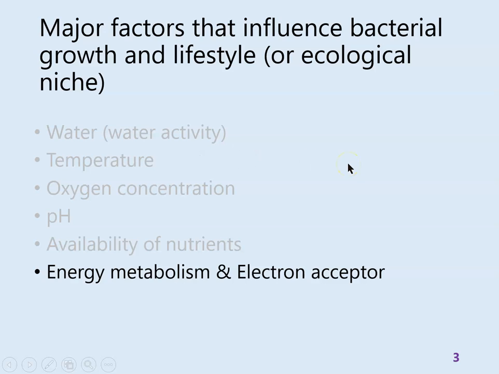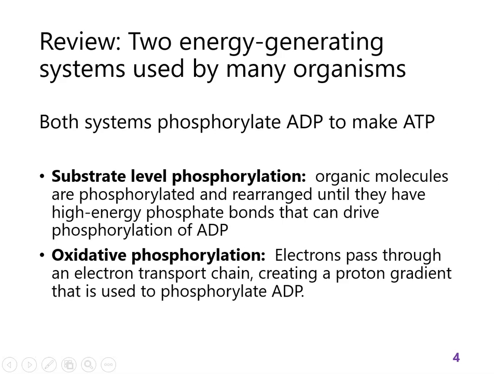So this is the list of topics from lecture 3. We've gone through water, temperature, oxygen, pH, nutrients, and now we're at energy metabolism and electron acceptor. So there are two broad ways bacteria can generate energy. One is substrate level phosphorylation, and that's where they rearrange molecules with phosphate groups on them until they have a high energy bond, that's what we used to call them, that they can use to phosphorylate adenosine diphosphate, or ADP.